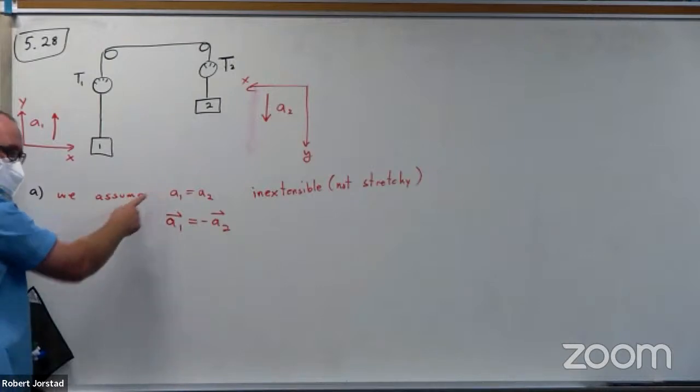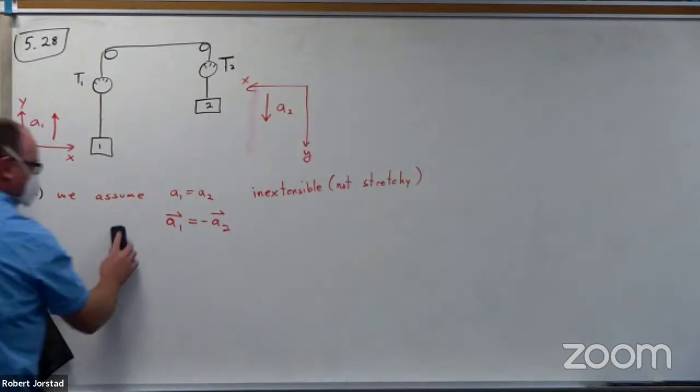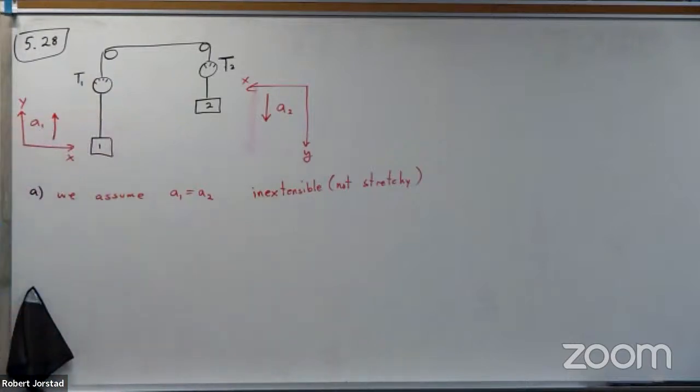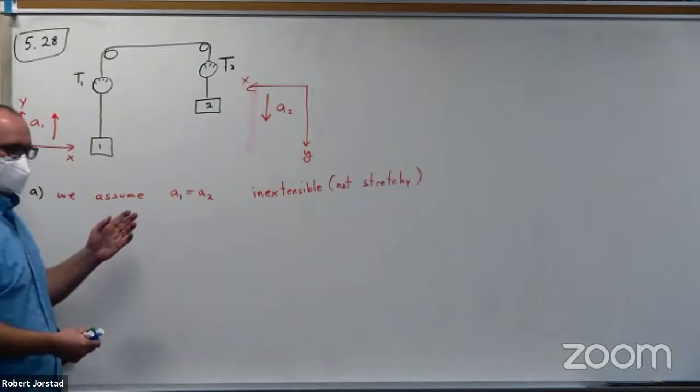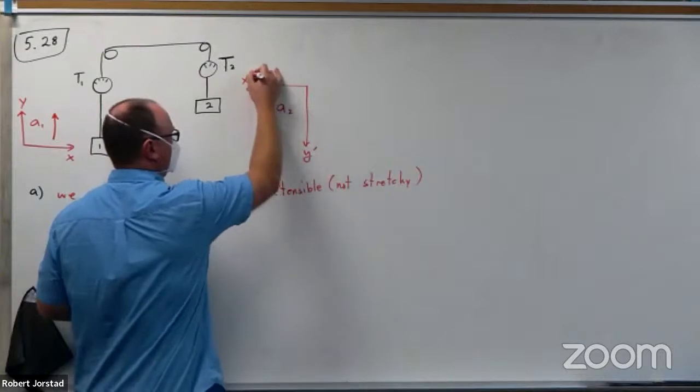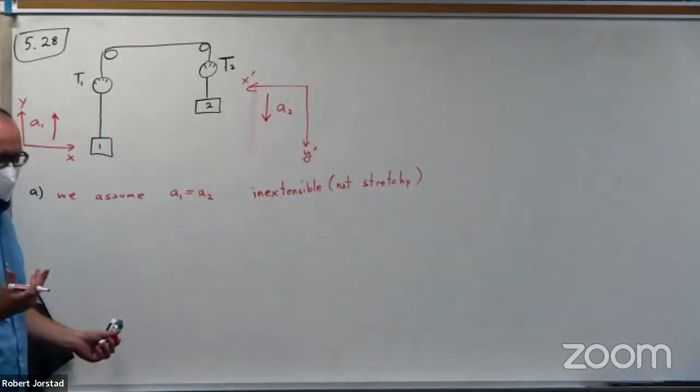Do you agree with that statement? Yeah. I'm just going to, I don't want to say the two acceleration vectors are the same. I guess technically I should say it like this, a different X and Y axis.